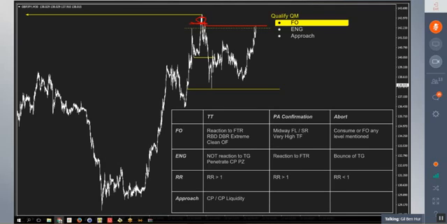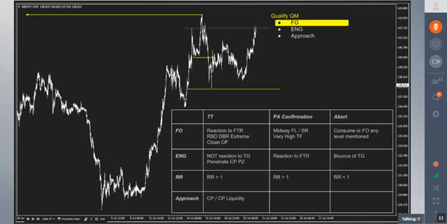So we justify this little QM. It's right here, and then it's come back to here. This Quasimodo is justified because of this level. And Scooby says small QM on big QM level for confirmation.